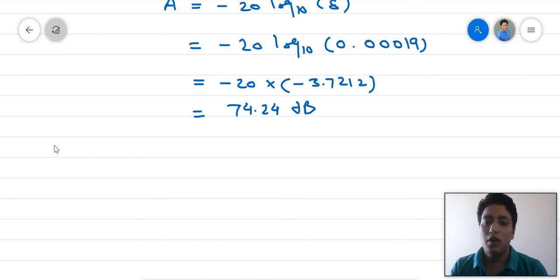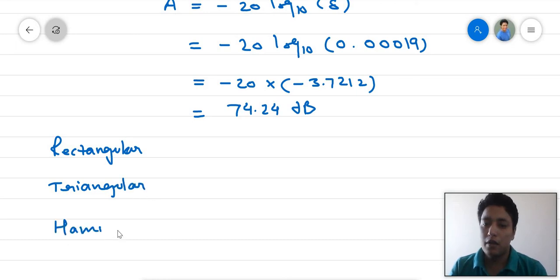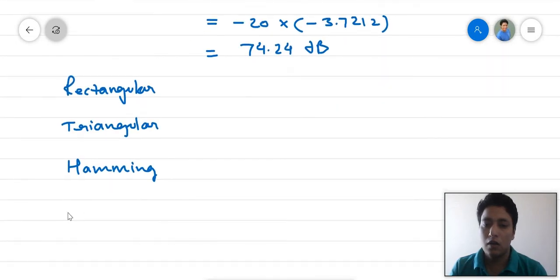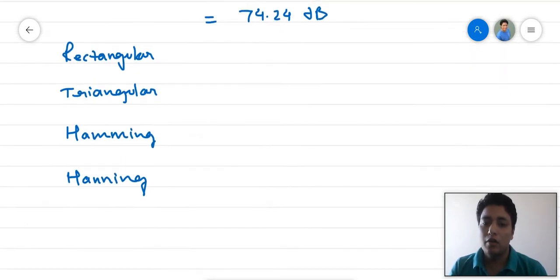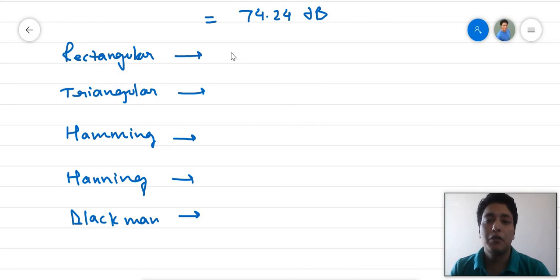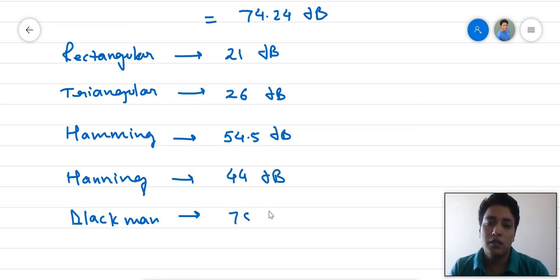So now we have found the attenuation required in the stop band, and we know from the table for the rectangular, triangular, Hamming, Hanning and Blackman windows the attenuations: the rectangular window has attenuation of 21 dB, triangular is 26 dB, Hamming is 54.5 dB, Hanning is 44 dB, and Blackman is 75 dB.